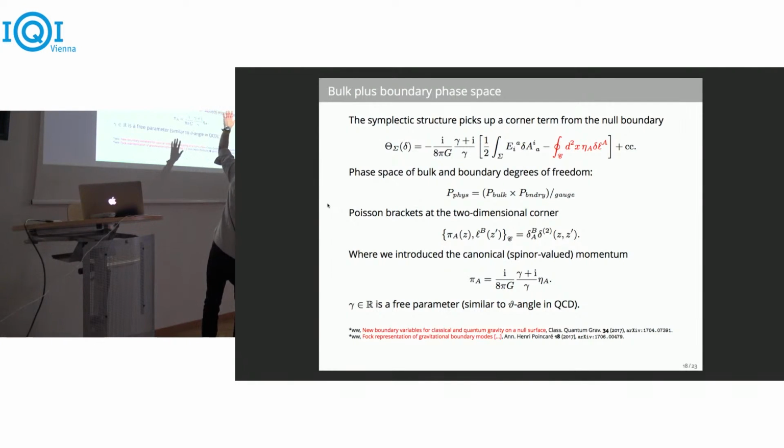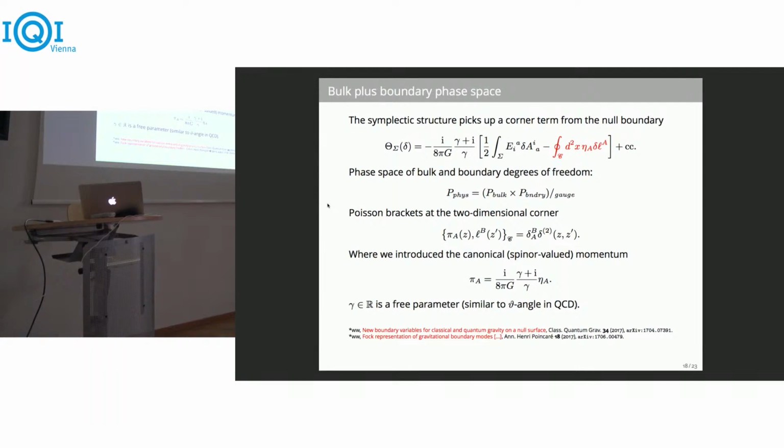And what you then find, in fact, is that the kinematical phase space associated to a cross-section of this light cone has two contributions, one from the bulk, one from the interior of this disk, and another one from the boundary. And this is just a classical result that you need in order to make your variational principle, your action, well-defined in a region with a light-like boundary.